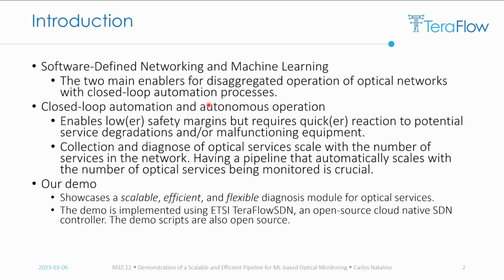The closed-loop automation and the consequent autonomous operation it brings enable you to have lower safety margins in your optical channels, but it also comes with more stringent requirements in terms of reaction to potential service degradation or malfunctioning equipment.